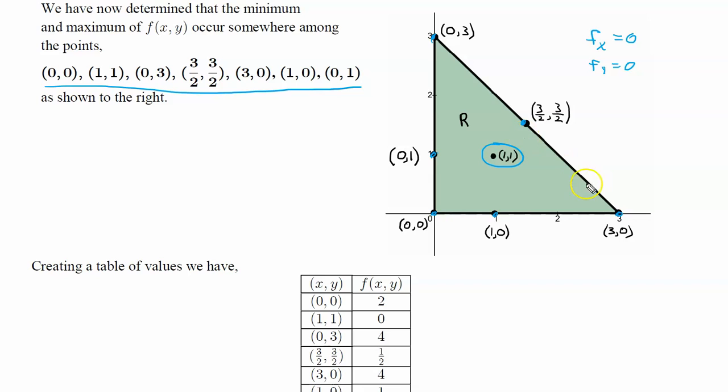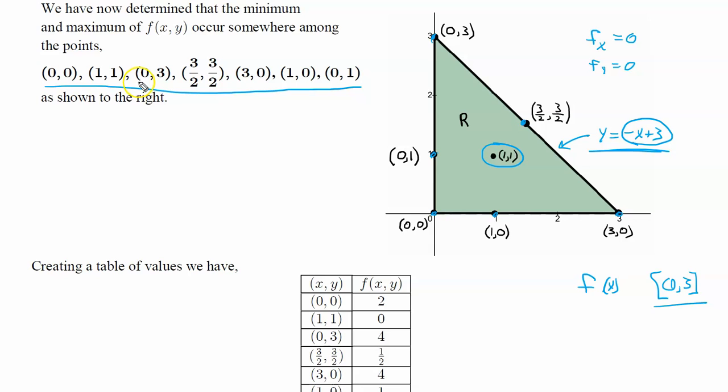And these boundary points were found by taking the equation like y equals negative x plus 3, substituting this in for y into our function, and then we get a function of only a single variable x, which over the interval here, x was supposed to go from 0 to 3. And then we found all of the critical points for this function, just a function of a single variable, over this closed interval. And that gave us back 0, 3/2, and 3. And then we plugged 0, 3/2, and 3 back into here to find the y coordinates.